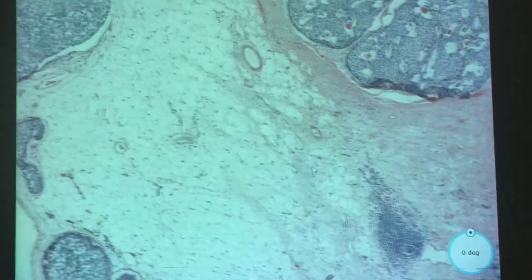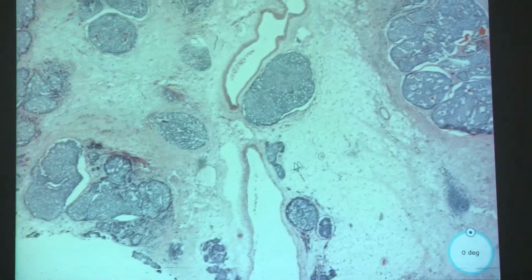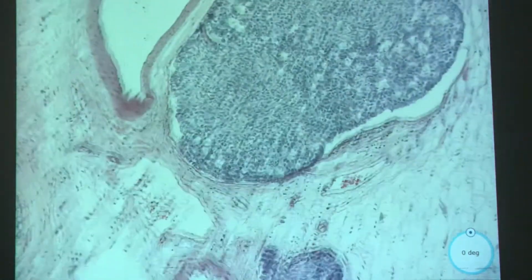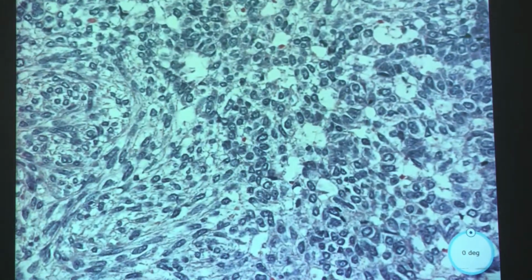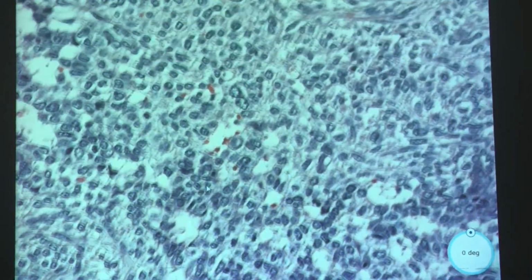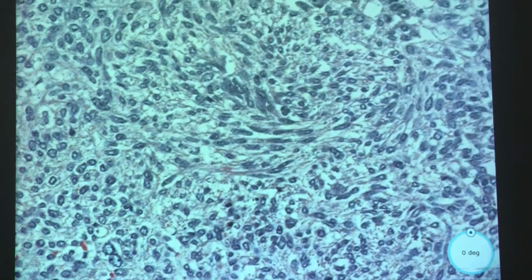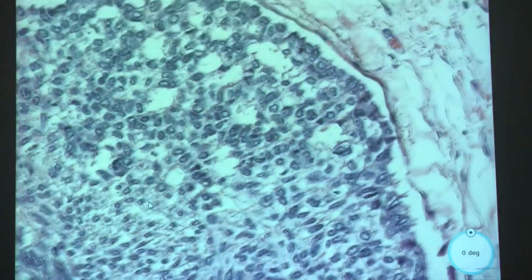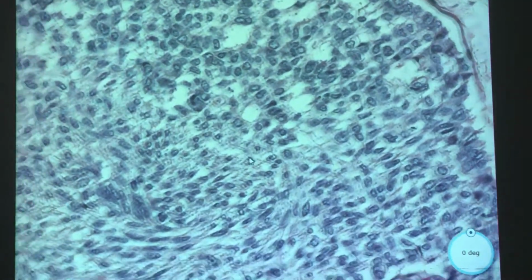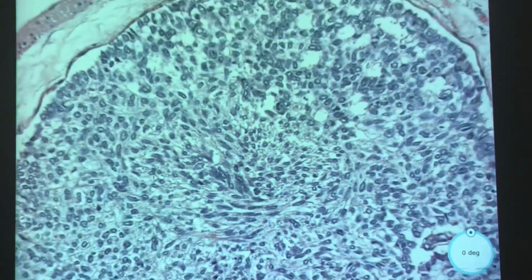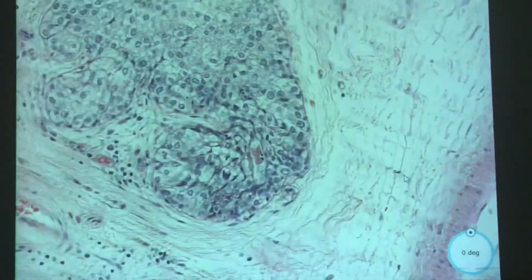So you'll really want to take a look at the cells themselves. The cytoplasm maybe is not sticking around, so that's not helping us too much.